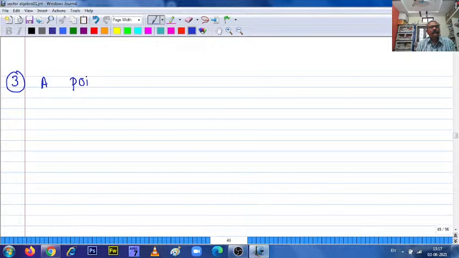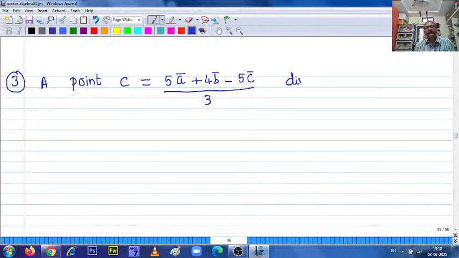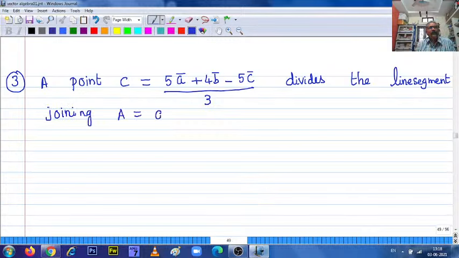A point C, equal to 5A bar plus 4B bar minus 5C bar upon 3, divides the line segment joining A, equal to A bar minus 2B bar plus 3C bar, and B in the ratio 2:1.